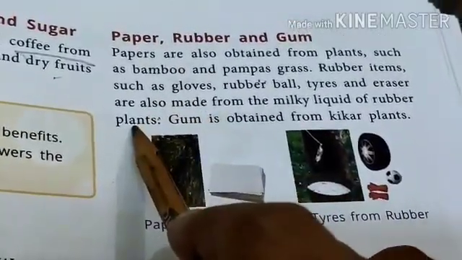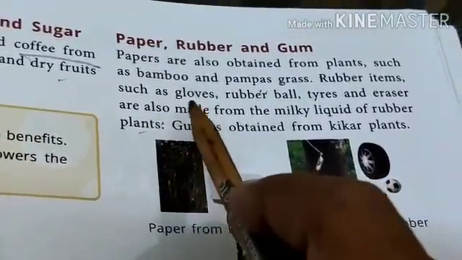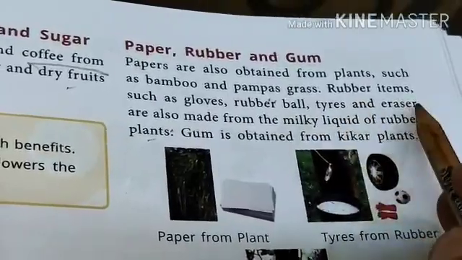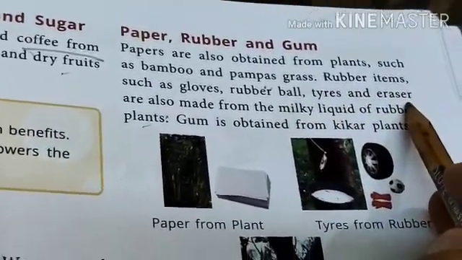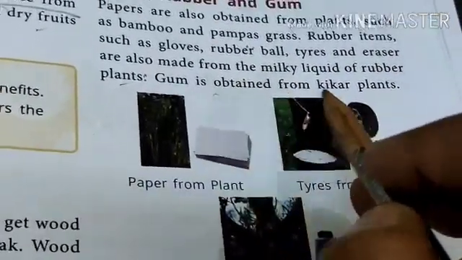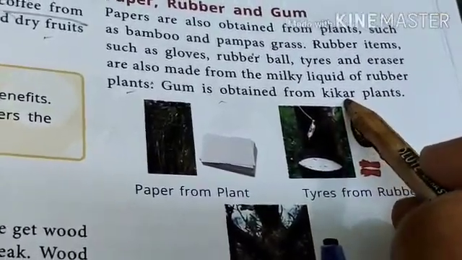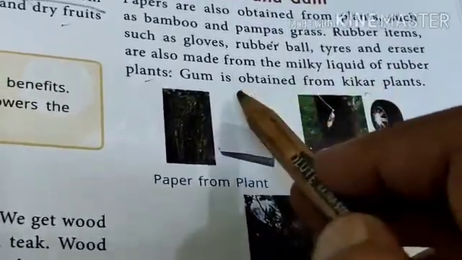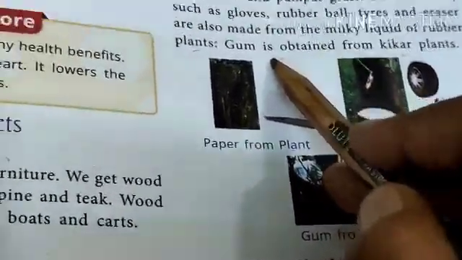And that liquid is taken to the factories. From that, the gloves, rubber ball, tires and erasers are made. Gum. Gum is obtained from the kikar plant. One plant is there that is called kikar. From that the gum comes.